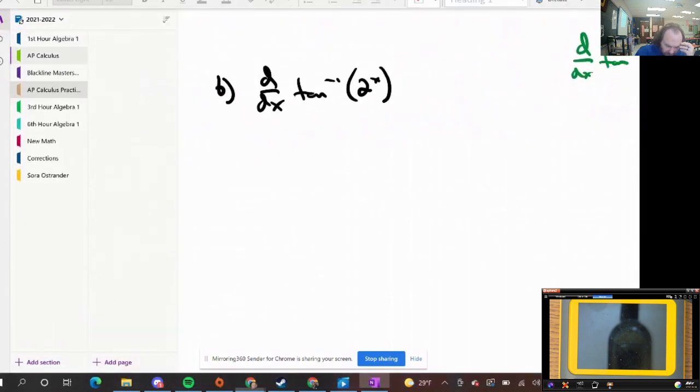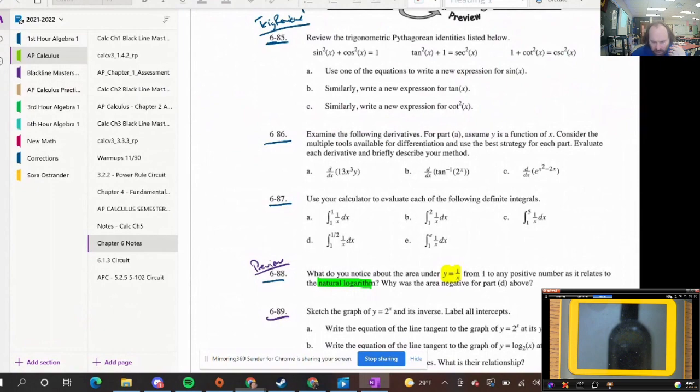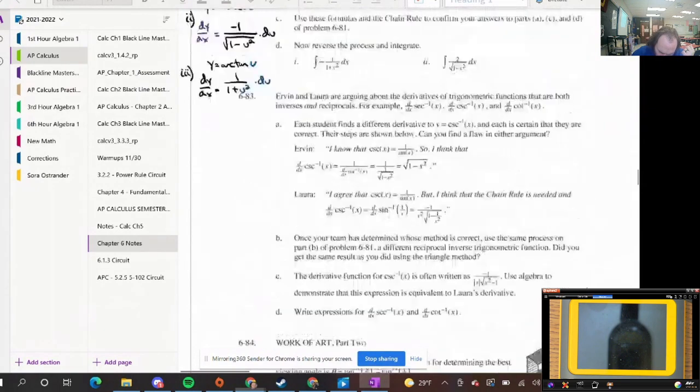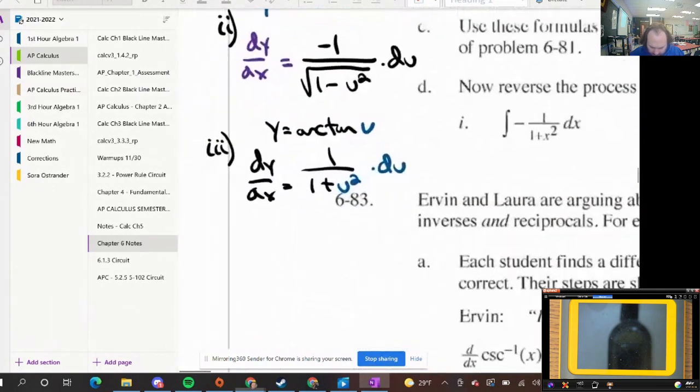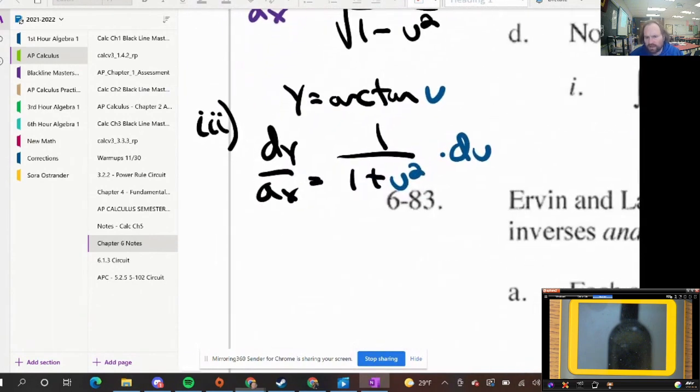Again, I'm not a big fan of memorizing things. I believe what we wrote down was 1 over 1 plus x squared. Yes, correct. The derivative of the arctangent of u is 1 over 1 plus u squared times du.